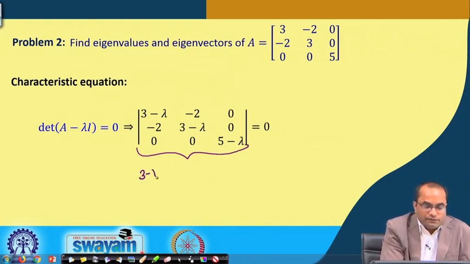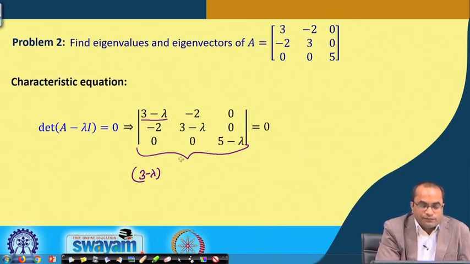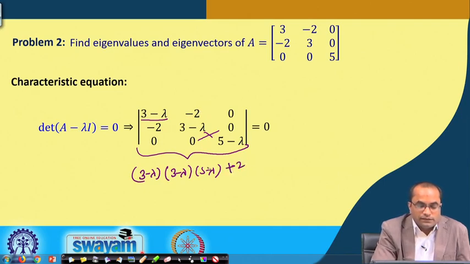We have this 3 minus lambda, which will be multiplied with 3 minus lambda into 5 minus lambda, minus 0. Then we have minus minus plus 2 here, so this will be minus 2 times 5 minus lambda, and the rest will be 0.